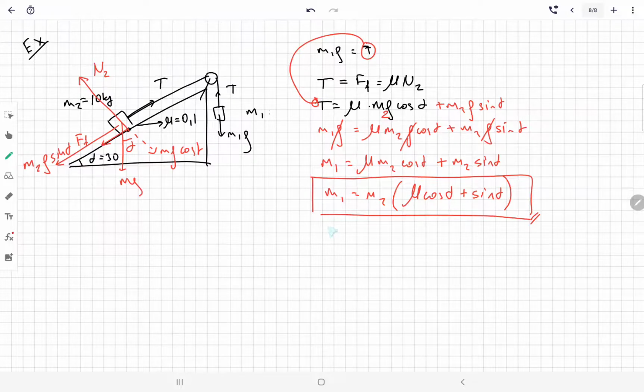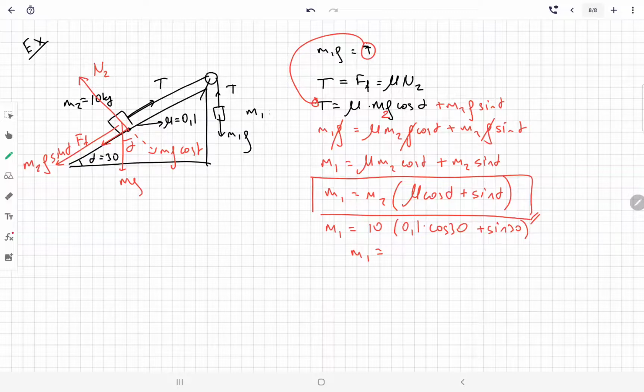So let's input data. 10 kilogram, 0.1 cosine 30 plus sine 30, m1 equals, so it's time to use our calculator.